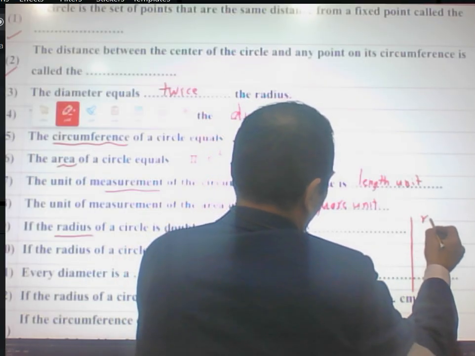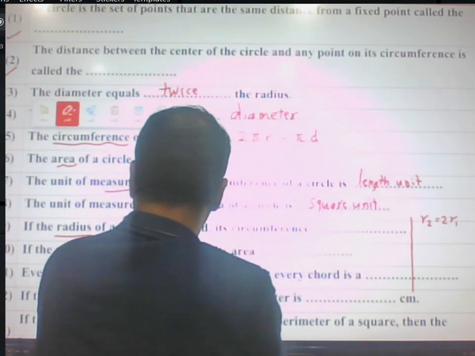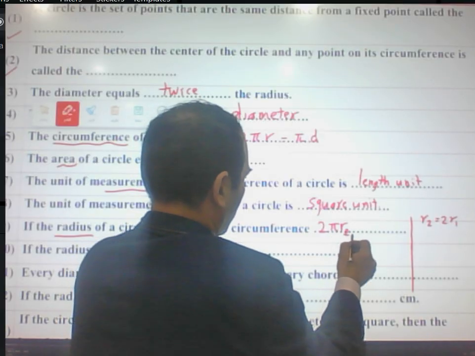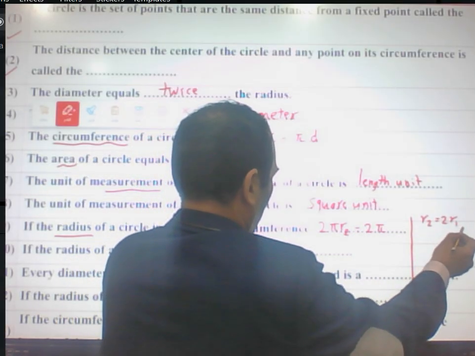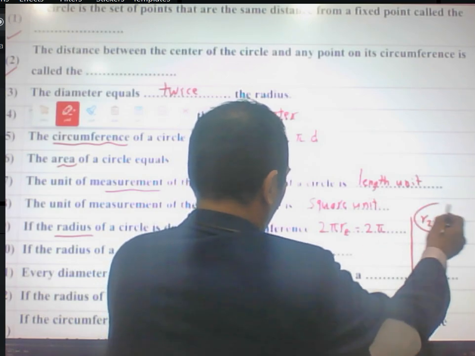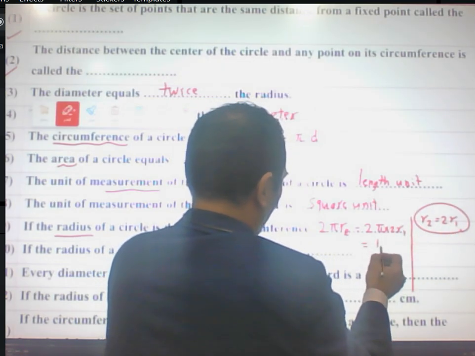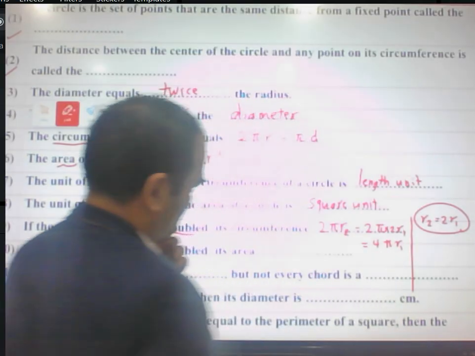We know the circumference of a circle equals 2π times r2. The circumference will equal 2π times r2, which is twice r1. Put here 2 r1, then 2 times 2 is 4. 4πr1. It means this.